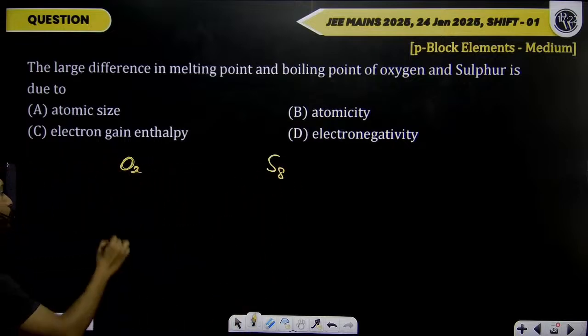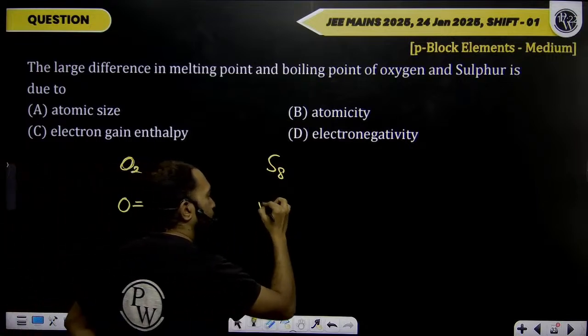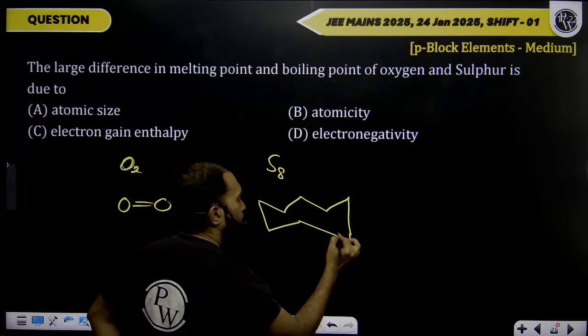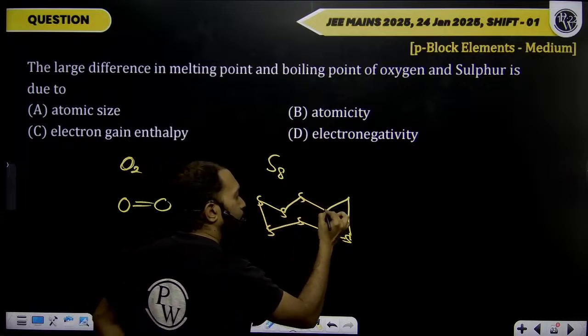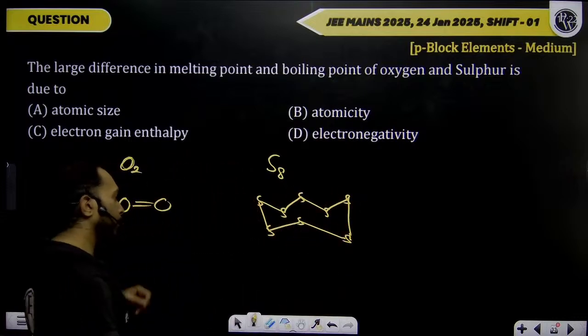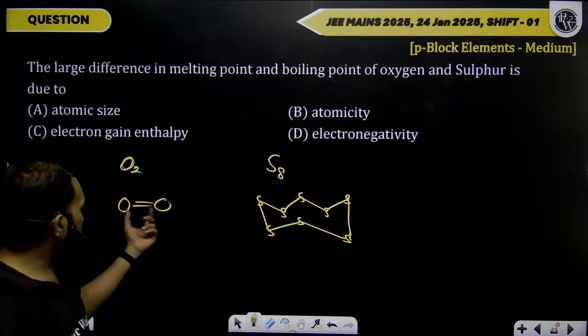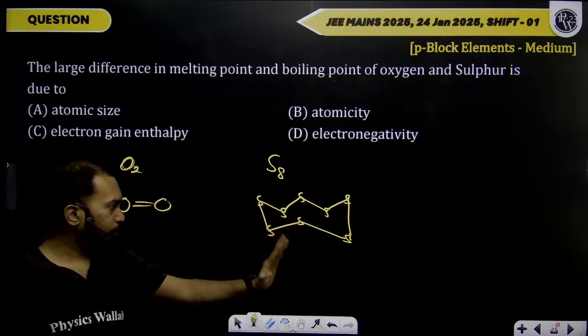The structure of oxygen is O double bond O, while for sulfur, the S8 structure is crown shaped, with one sulfur atom at every corner. Here sulfur and sulfur have only sigma bonds, while oxygen has sigma plus pi. Over here there is no pi bond, all of them are sigma bonds.